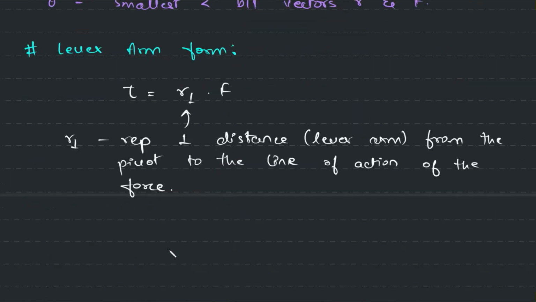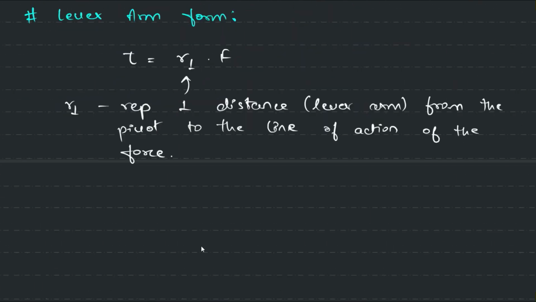Okay, so that's our lever arm. Next, we have the component form. Basically, if I have R, let me write it here itself, Rx i cap plus, I'm going to write in 3 dimensions, since 2 dimensions will be simpler, Rz k cap.